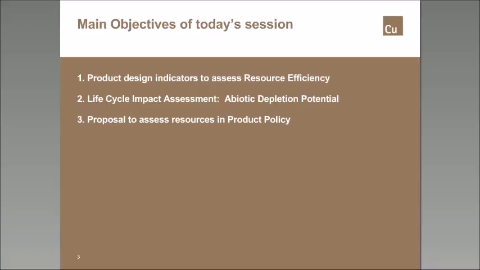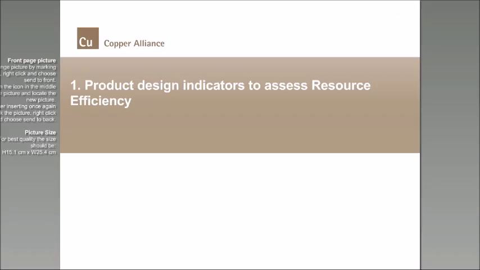And finally, we will propose 3 indicators to assess resource efficiency in product policy. So, first part, I will be the speaker and we'll go through which are those product design indicators to assess resource efficiency.